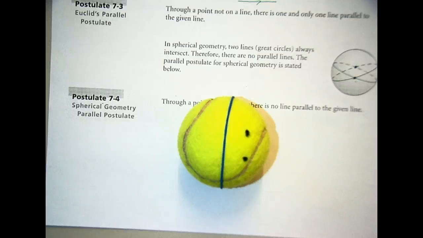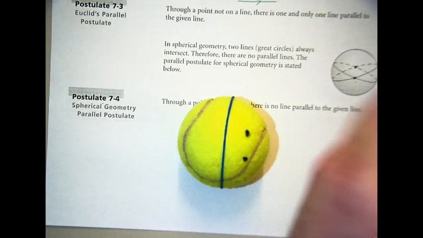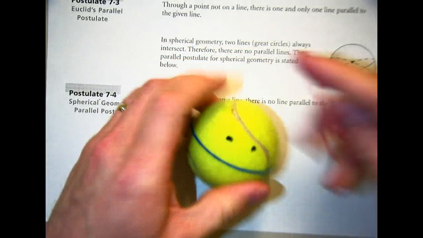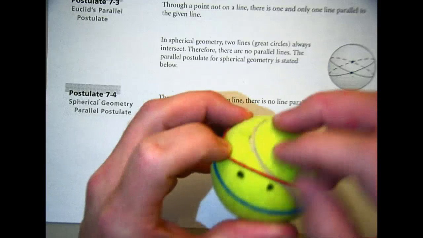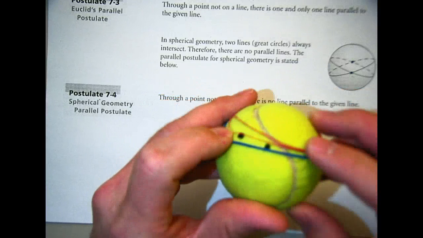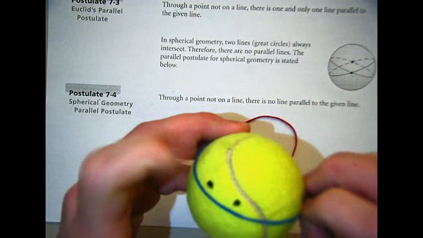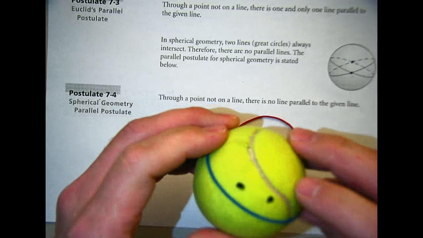That's a good question. The reality is, the way we handle that on our globe, we call these lines of latitude. And we have another that, it's hard to keep the rubber band on there.